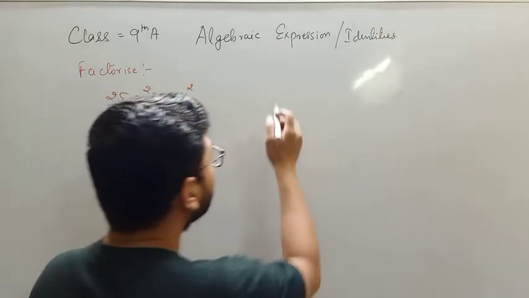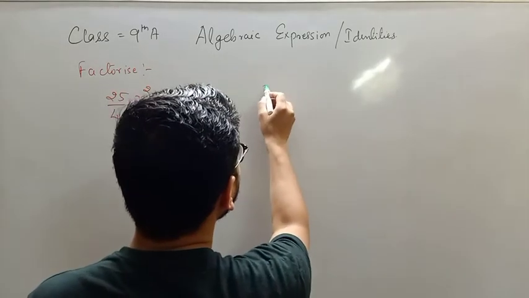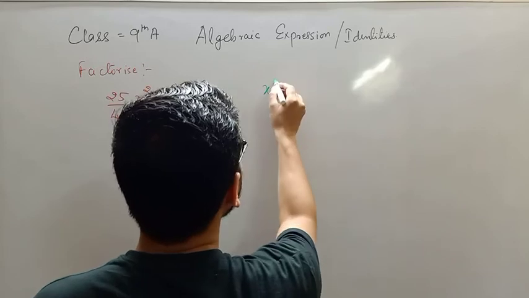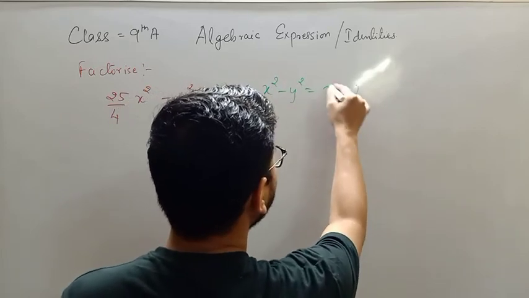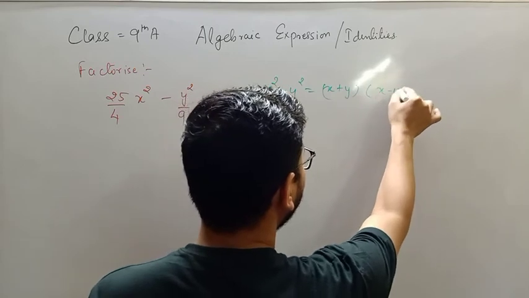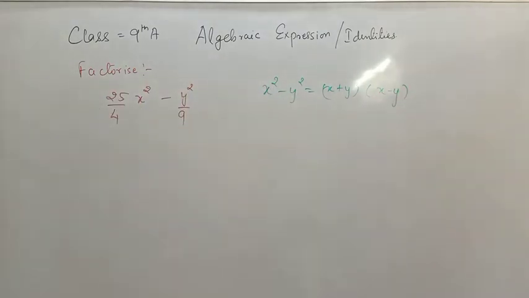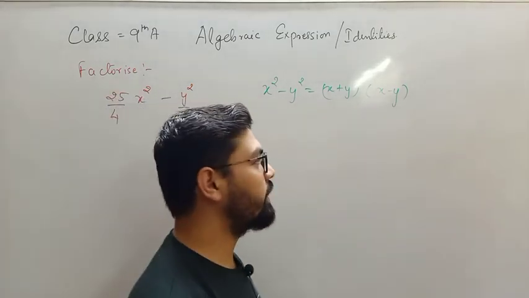You can use an identity x square minus y square is equals to x plus y and x minus y. Any doubt in this? There is an identity x square minus y square is equals to x plus y and x minus y, right?